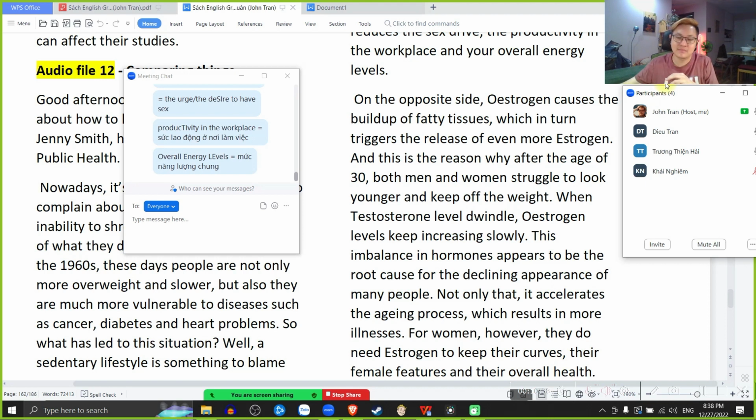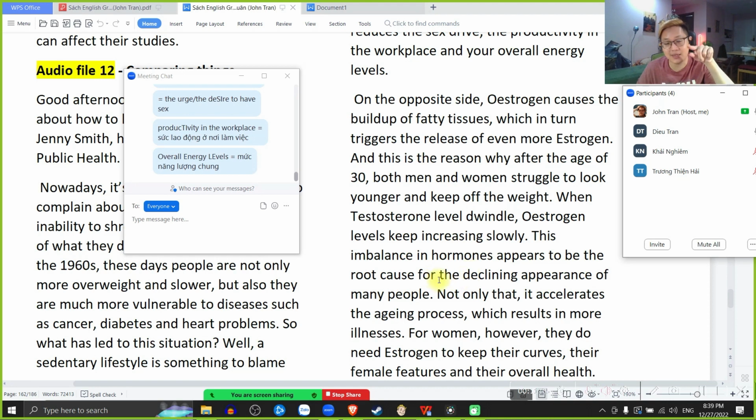When the testosterone level dwindles, estrogen levels keep increasing slowly. This imbalance in hormones appears to be the root cause for the decline.